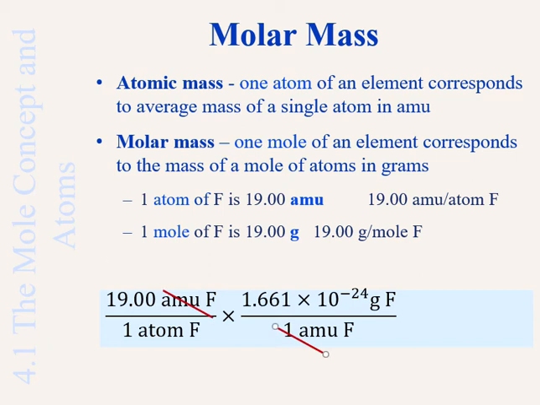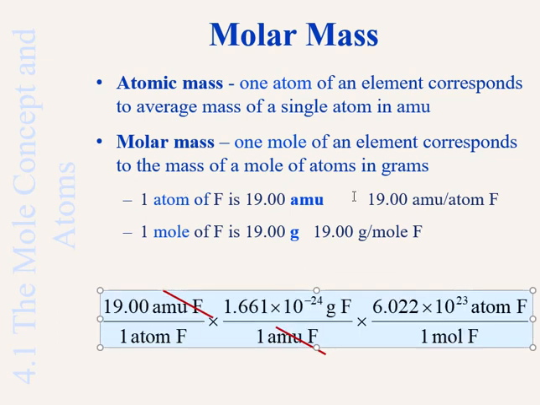And we'll do one more multiplication. This time we will relate this mass of a fluorine atom in grams to the Avogadro's number. And what we will get is 1 mole of fluorine atoms has 6.022 times 10 to the 23 atoms.